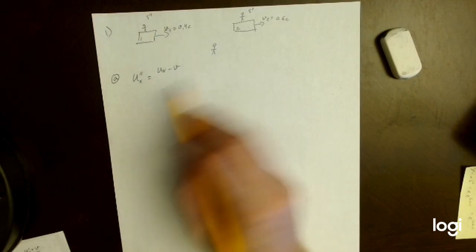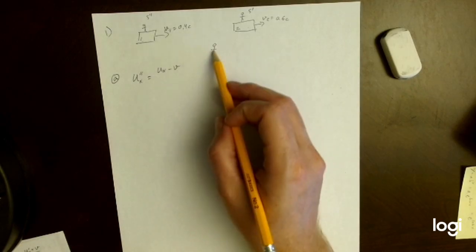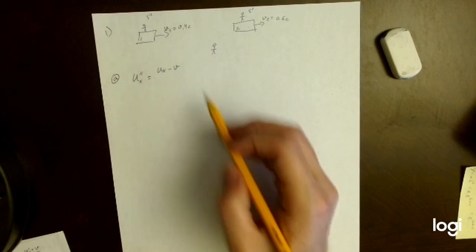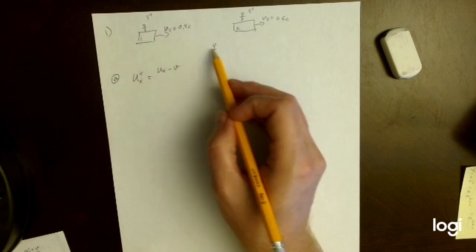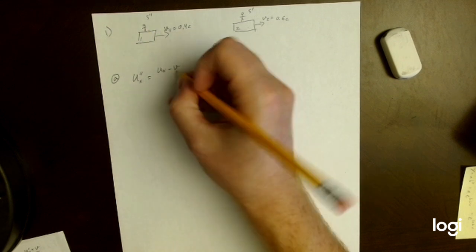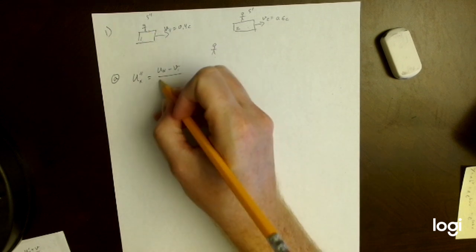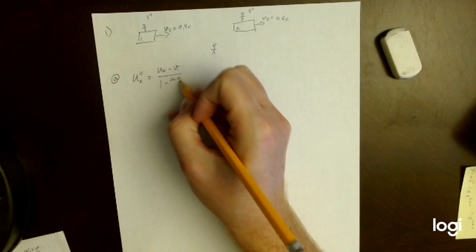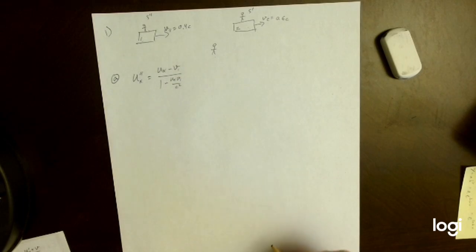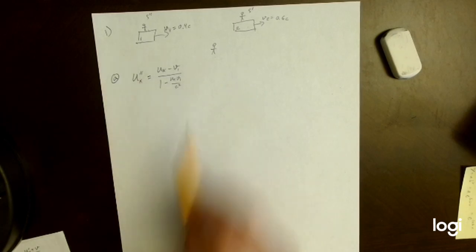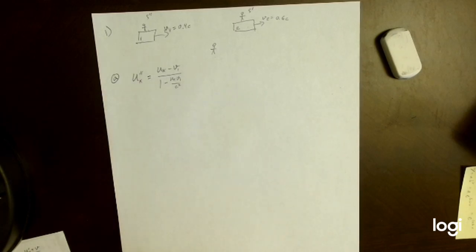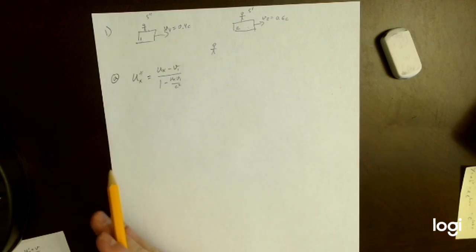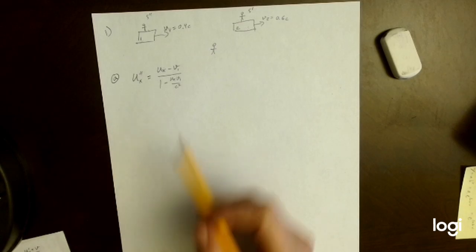This v is the relative motion between the coordinate system I made the measurement in and the frame I'm transforming into, so this is actually v1, divided by 1 minus u x v1 over c squared. So this is just writing out that velocity transformation from the unprimed frame to the double primed frame.